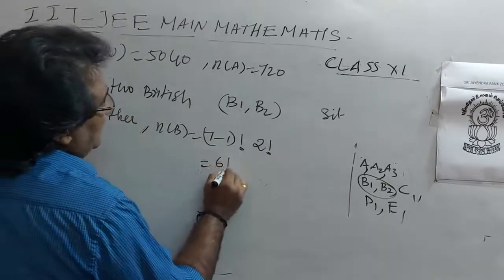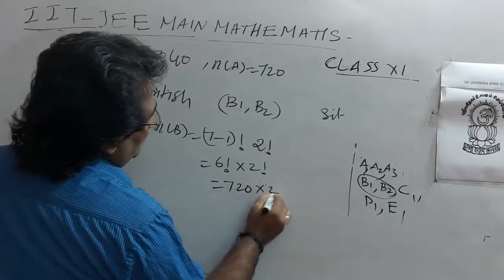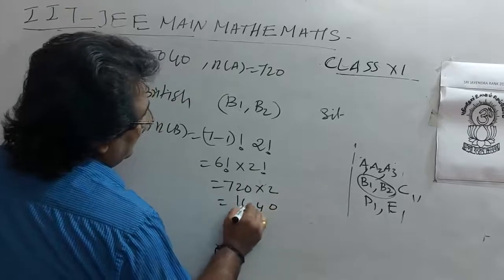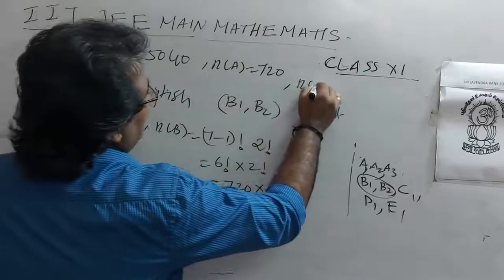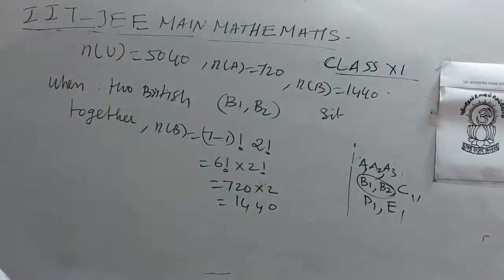That is 6 factorial into 2 factorial, 720 into 2, so n of B equals 1440.